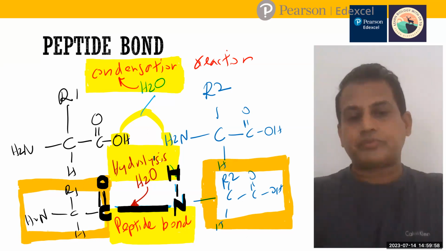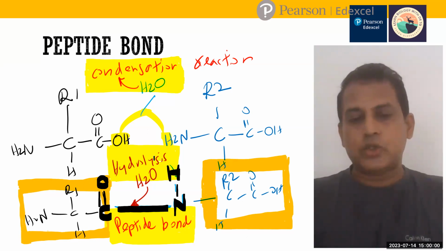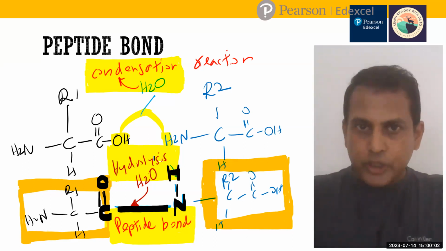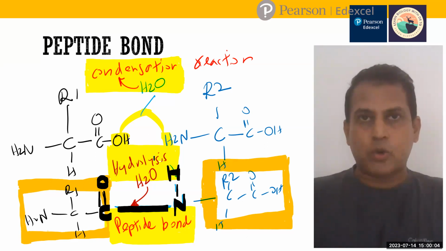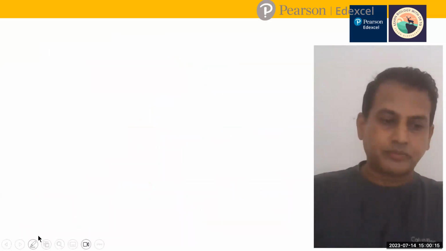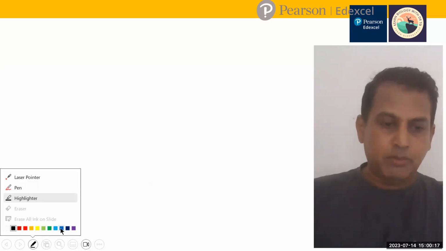Right now, you see here two amino acids. We know that to make a protein molecule, there are hundreds, thousands of amino acids joined together. So when they join together, I can show you some amino acids.